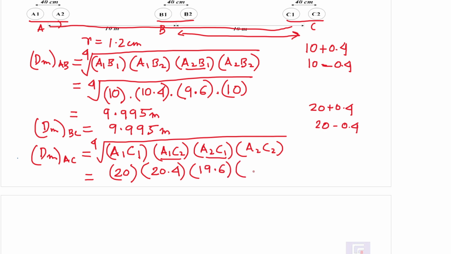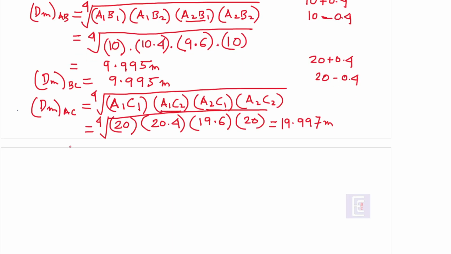And lastly A2 to C2 again is 20. So if you take the fourth root, this comes out to be 19.997 meter. So you have evaluated all the three mutual distances.